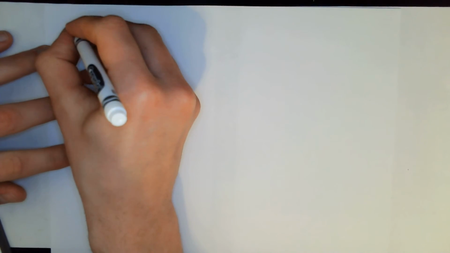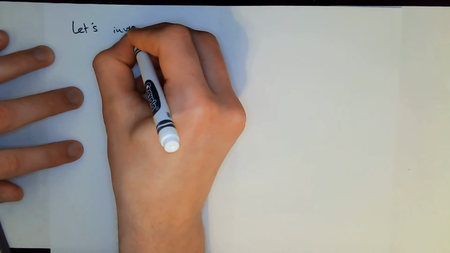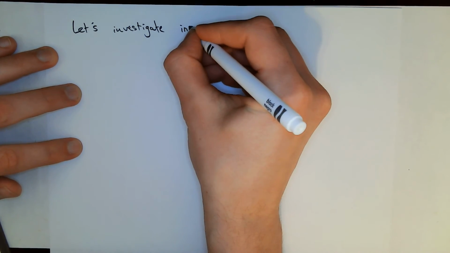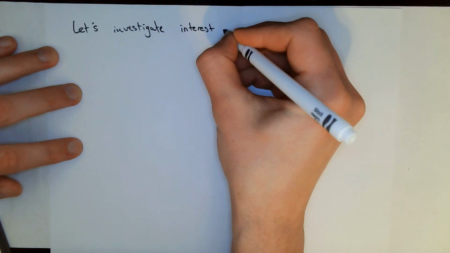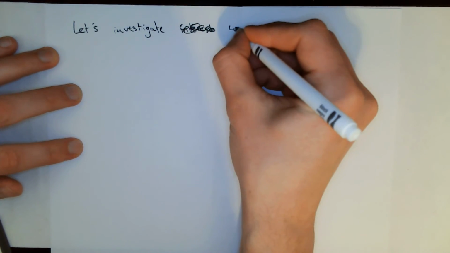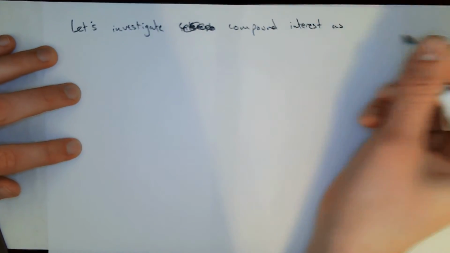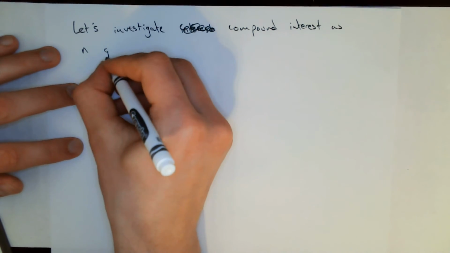So what I want to do is investigate why interest earned is not approaching some infinite number as the number of compoundings increases. So let's investigate compound interest as n, the number of compoundings, gets very large.